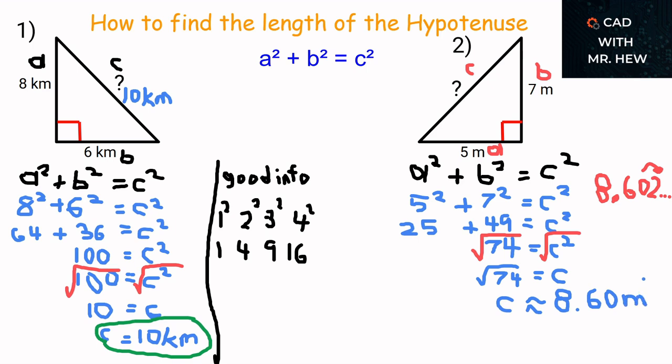All right. So the square root of 74 is approximately equal to 8.60 meters as the answer, right? So this is the answer here.